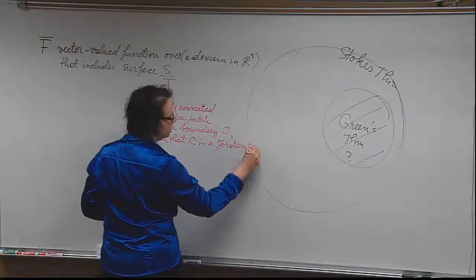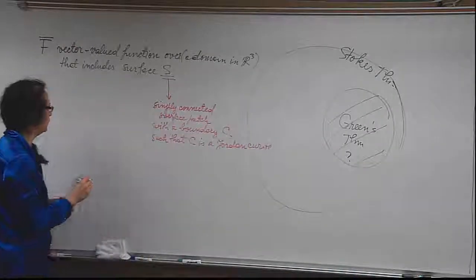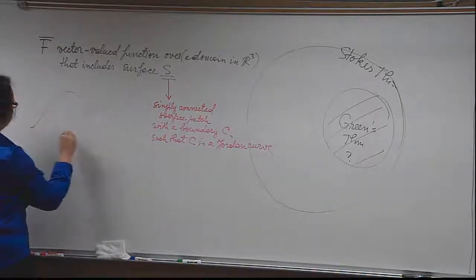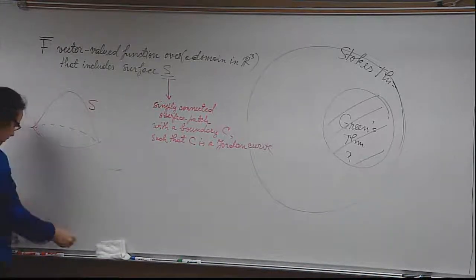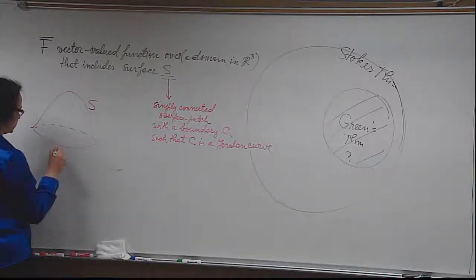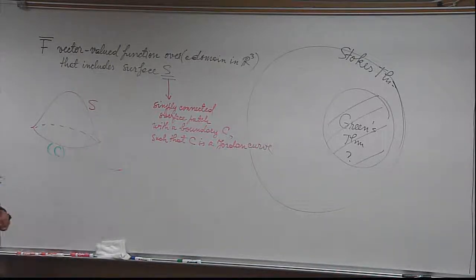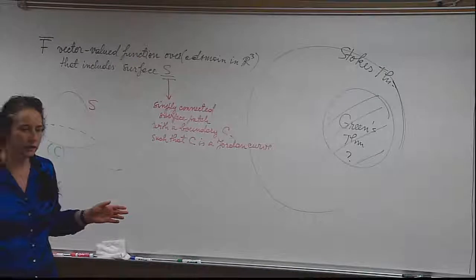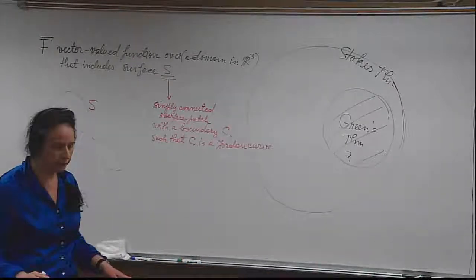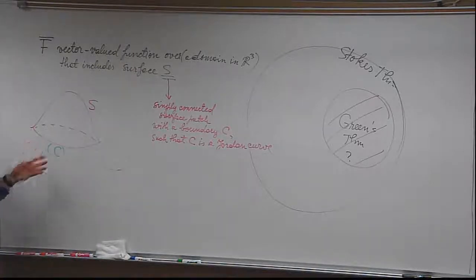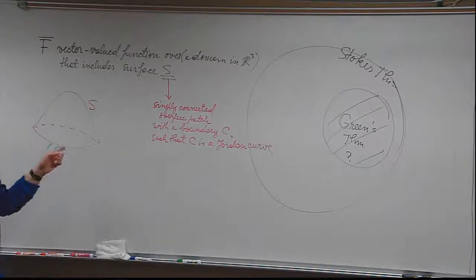We use the word Jordan curve as a boundary of the surface, but we don't say simply connected, and I'm going to ask you, what in the world do we mean when we say simply connected? I've used this before. I just want to test your memory and attention. Do you remember what that meant? I have some sort of little hill, or S could be a flat disc, or it could be a patch of the plane, or it could be just any kind of surface that is bounded by a Jordan curve C.